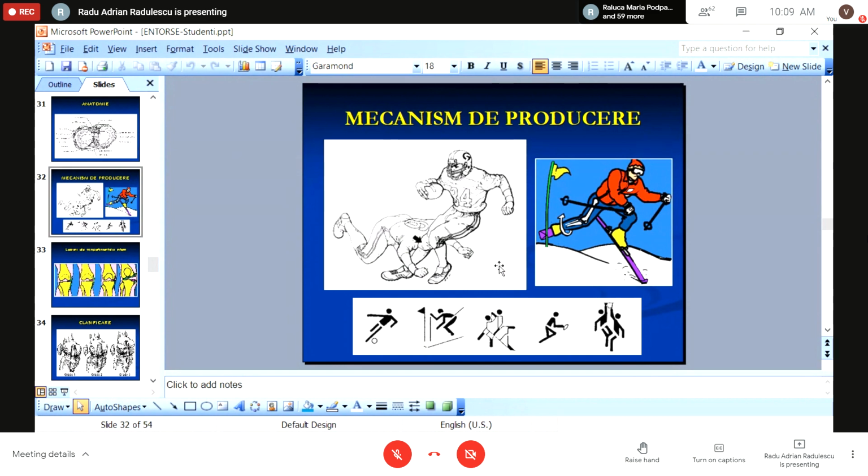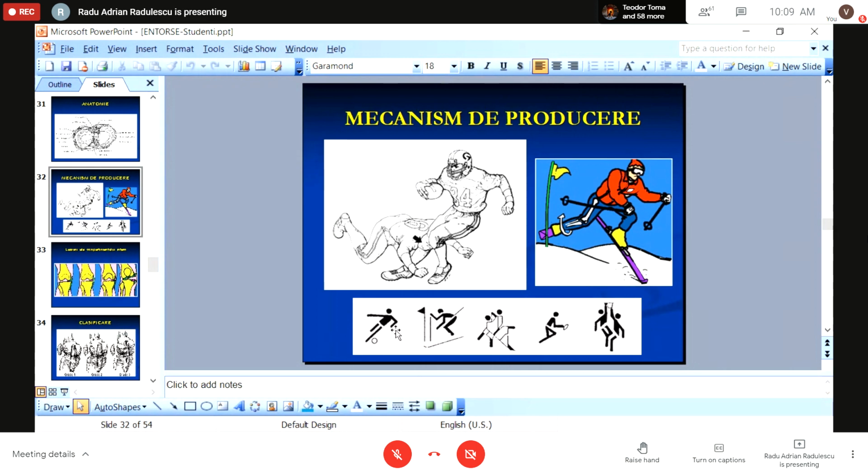Other sports, of course, the most popular sport is soccer, which produces trauma at the level of the knee. The most frequent mechanism was also a lateral hit at the level of the knee of the players by his opponents during the game, especially when the opponent hits with his boot on the lateral aspect of the knee.